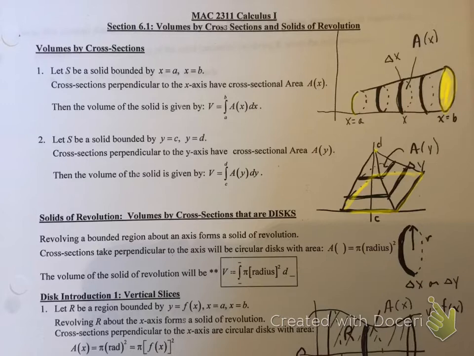Okay, so a word of warning: when we're doing these, it's very important to draw the function, because if you don't draw the function, you are not going to know if you're making cross sections that are going to be vertical or cross sections that are going to be horizontal, okay?